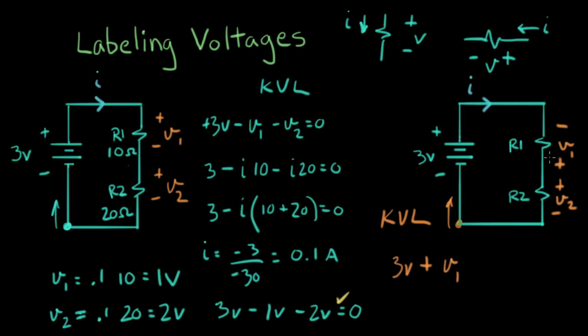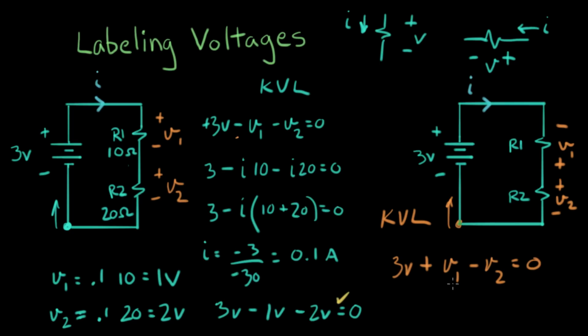That's different than we had last time. Right? Last time we had minus V1 here, see? And now we have plus V1. This is going to work out okay though. Now we go in the plus sign of V2 and we come out the minus sign. So that's a voltage drop. So we do a subtraction, and that equals 0. All right, we got different equations, but we have different definitions of V1.